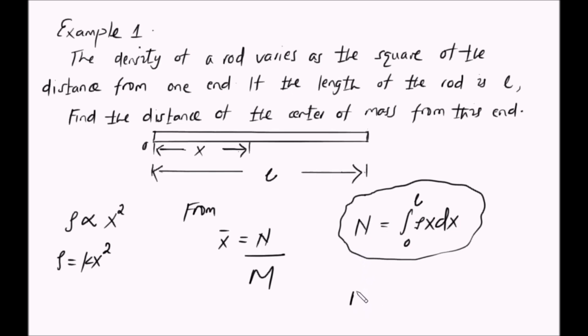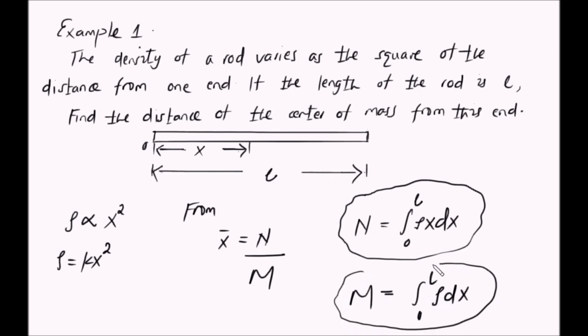And then mass yenyewe ni sawa sana, we integrate from 0 to L density dx. So ili kupata center of mass ambayo ni moment over mass, itabidi kwanza nitafute moment, first moment, and then nitafute mass. So I'll do that in a fresh page.